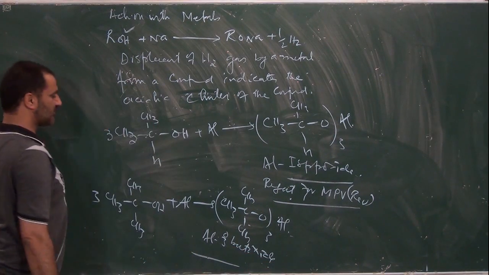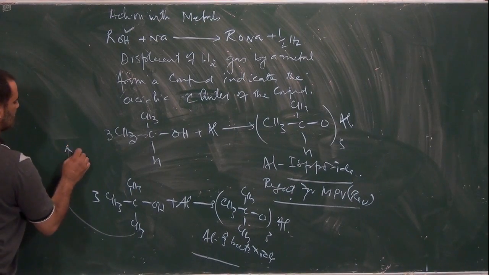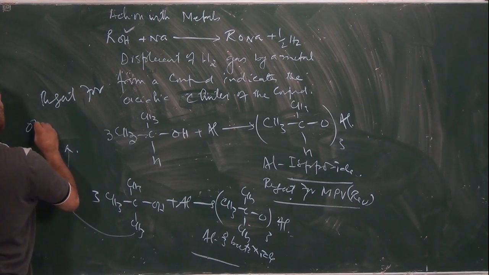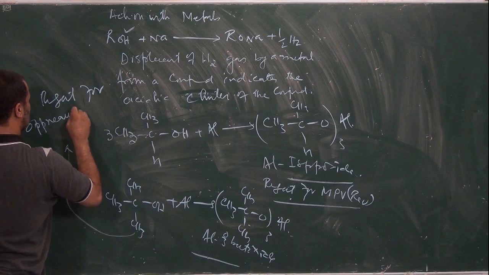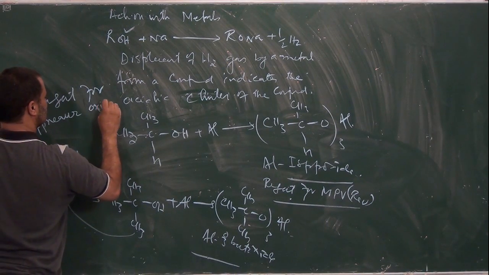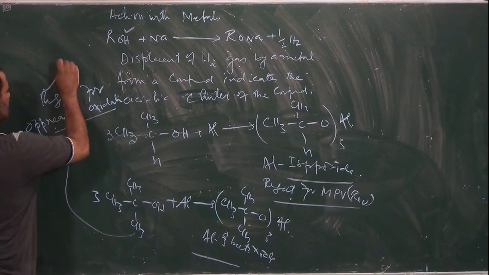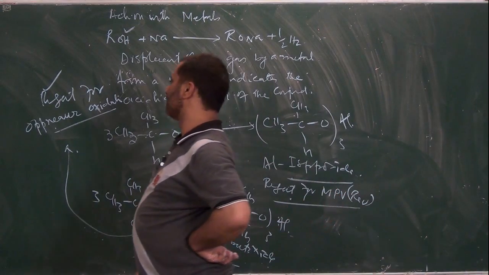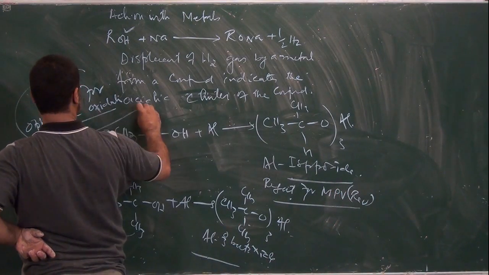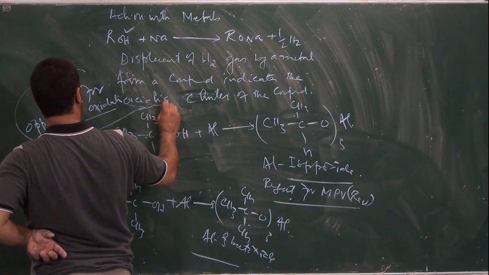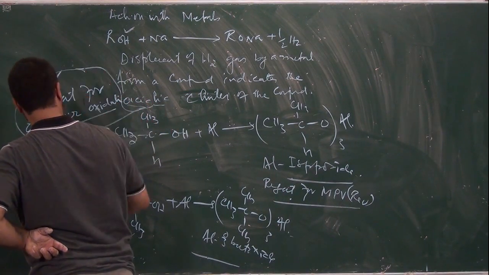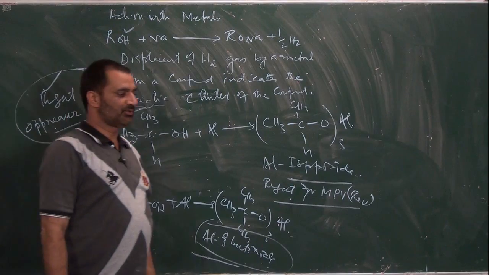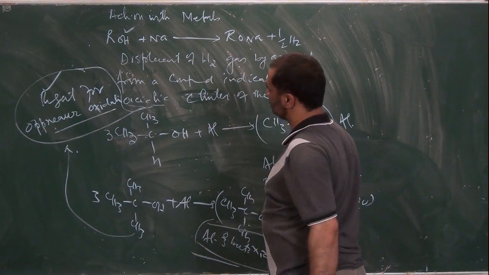This aluminum tertiary butoxide is the reagent for Oppenauer oxidation. This is the reverse of the MPV reduction, so by this reaction you are converting alcohols into carbonyl compounds. For this Oppenauer oxidation, aluminum tertiary butoxide is used. So this was the action of alcohols with the metals.